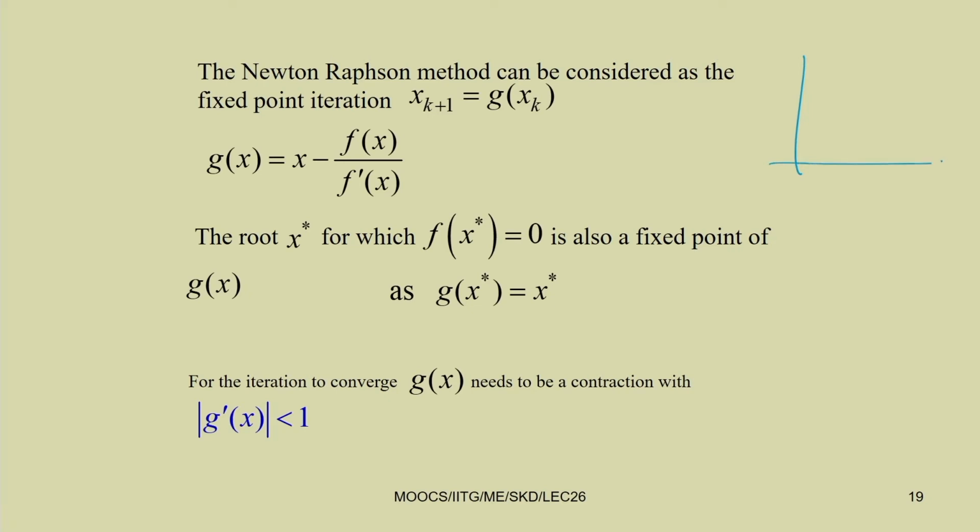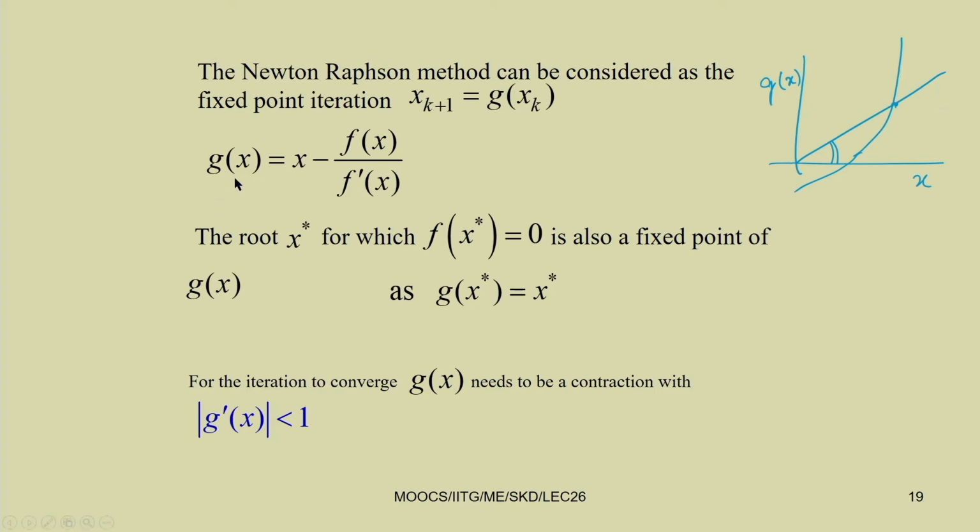If we are plotting g(x) versus x, and this is our g(x) curve, g(x) will have a fixed point. If we draw a 45-degree line, that is x. This point is where g(x) equal to x, that is the fixed point of g(x).